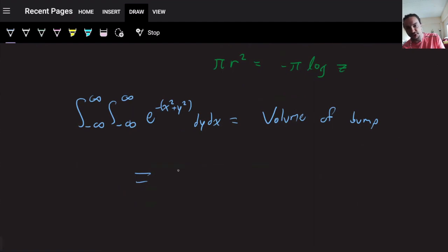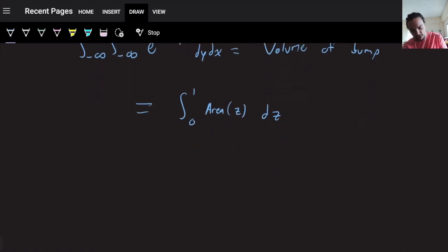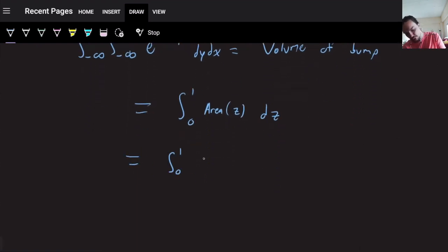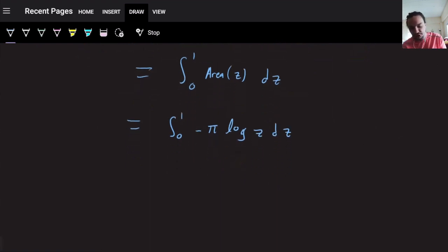But we just showed that this is equal to the volume by cross-sections. So here we are integrating from z equals 0 to 1. And we wanted the area at level z, okay? But we saw that was equal to pi r squared, where r was equal to square root of minus log z. So this guy was equal to minus pi log z dz.